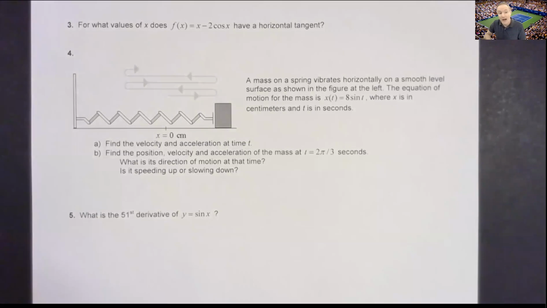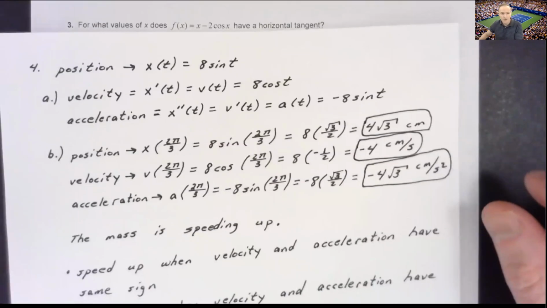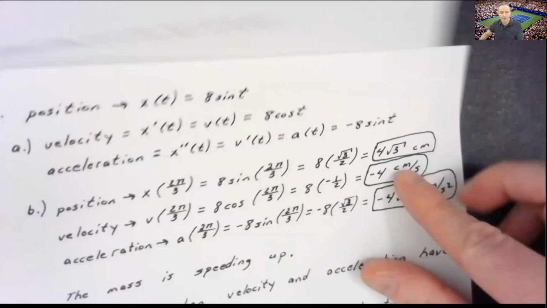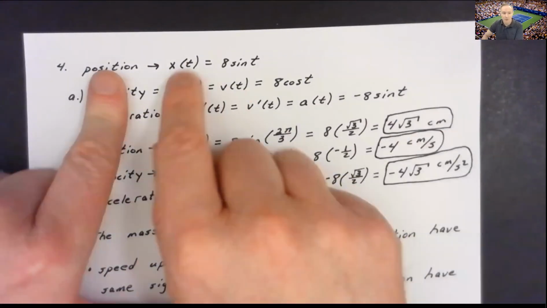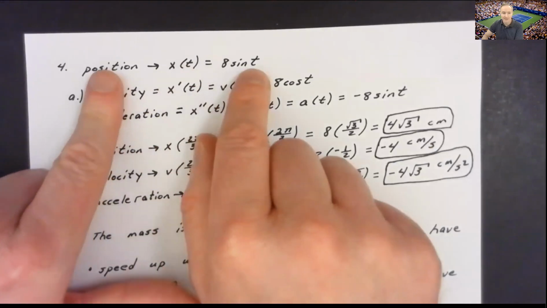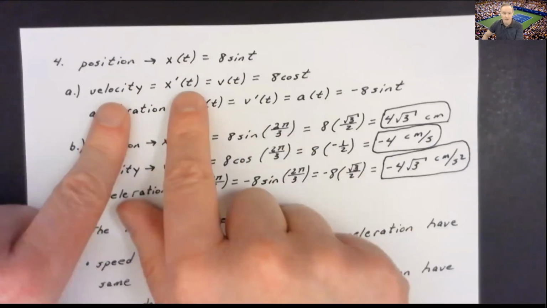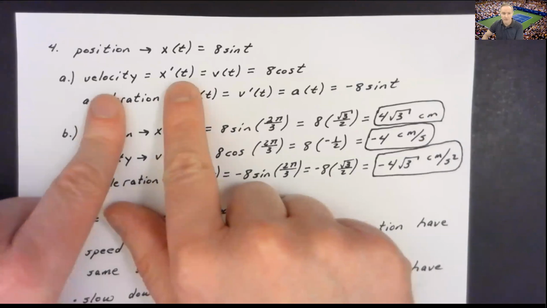Now, I'm asking you in part A here, find the velocity and acceleration at time t. Okay. So in order to do that, I was given my position. It's a horizontal position function, 8 sine t. The velocity is just going to be the derivative of that position function.